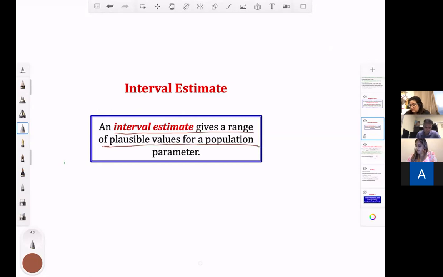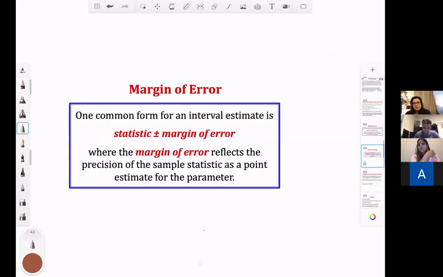Plausible values for the population parameter. Margin of error. One common form for an interval estimate is a statistic plus or minus the margin of error, where the margin of error reflects the reliability of the sample statistic as a point estimate for the parameter.